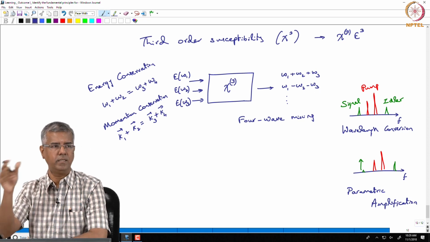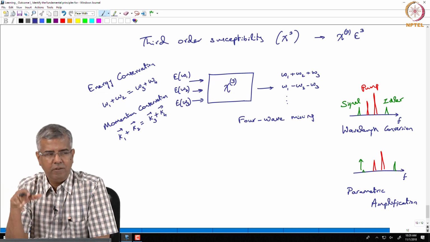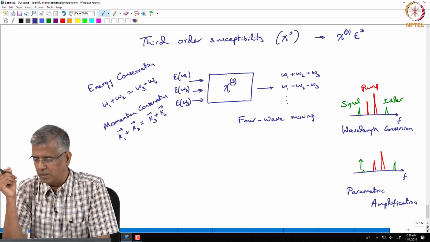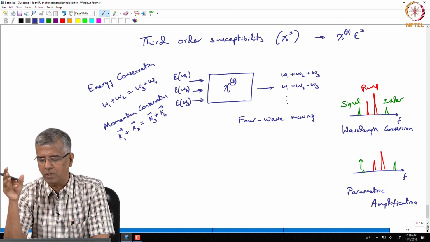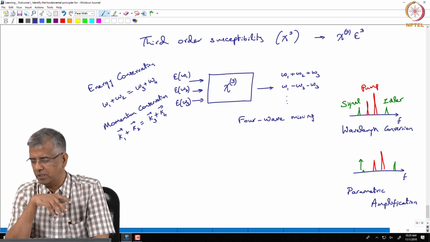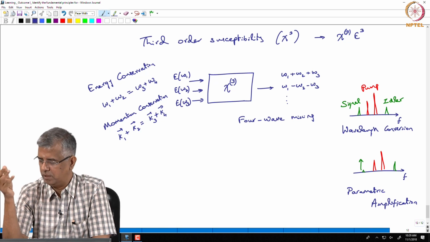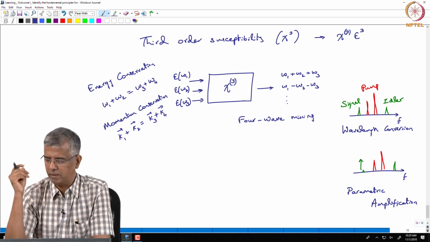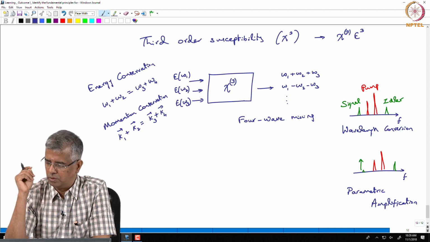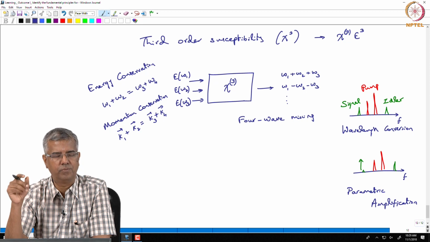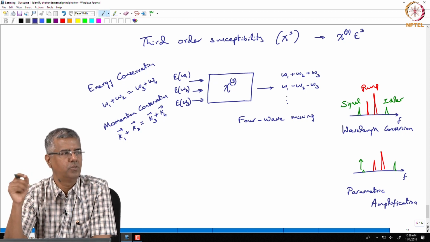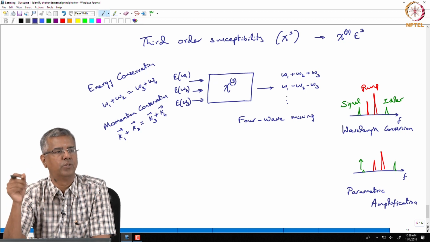This you could have done in 3-way mixing also, through Chi2 also, right. So when we are talking about frequency up conversion or frequency down conversion, difference frequency generation, there also you could have done this. You come in with some weak photons at a particular frequency, provided you have the appropriate pump frequencies, you can actually amplify those photons.